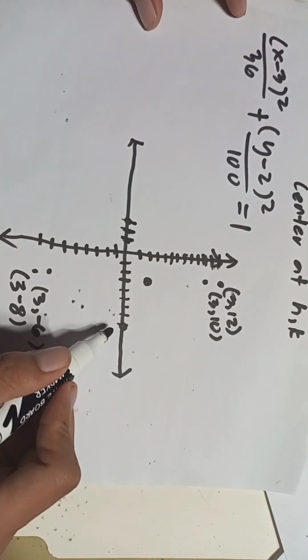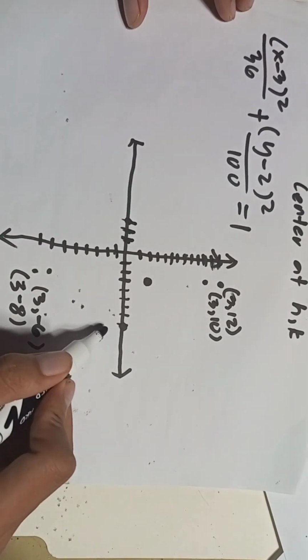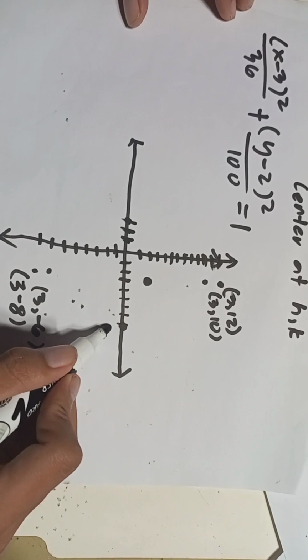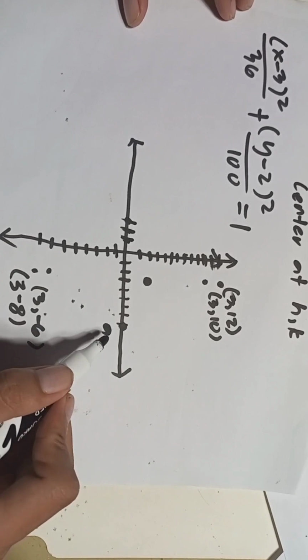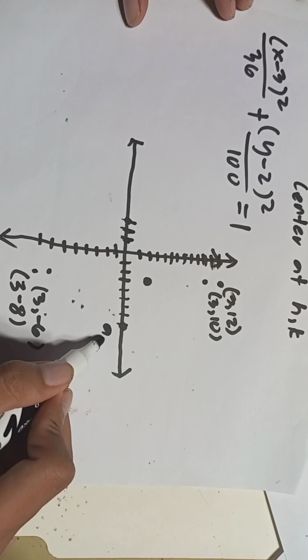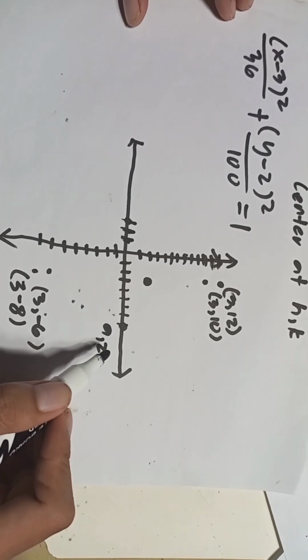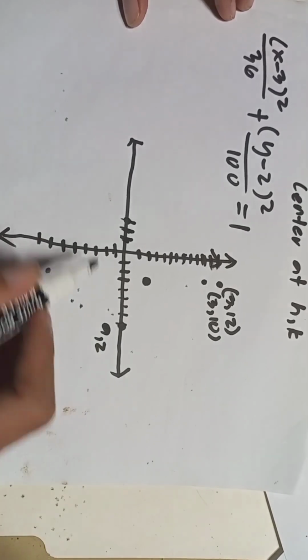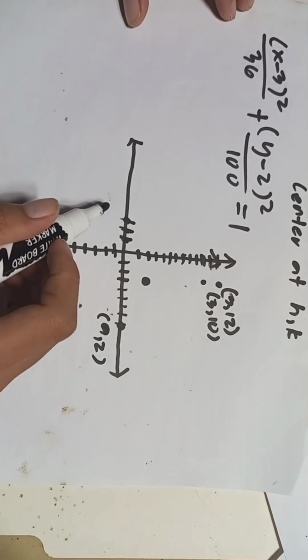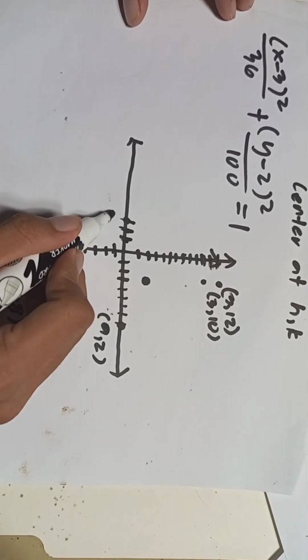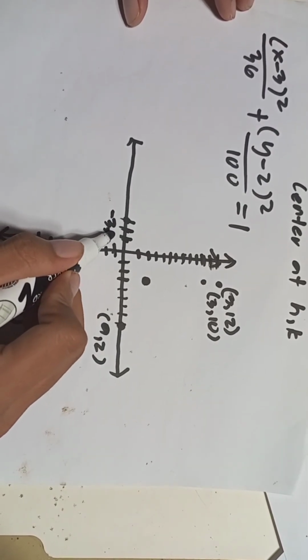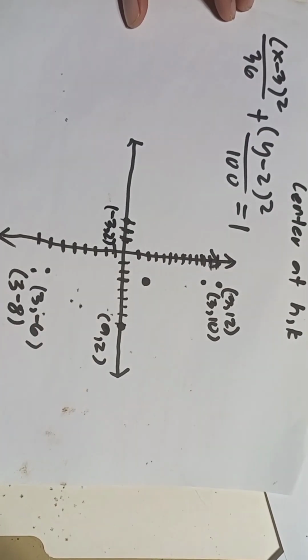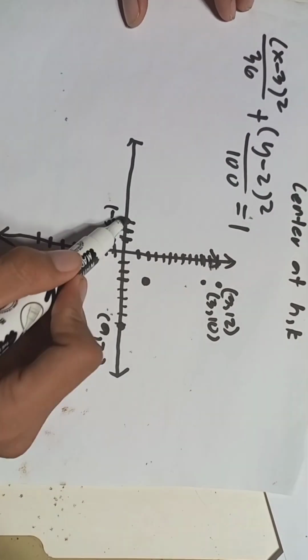Our covertices are at 9, 2, and our second covertex is at negative 3 and 2. So we are going to connect our dots now.